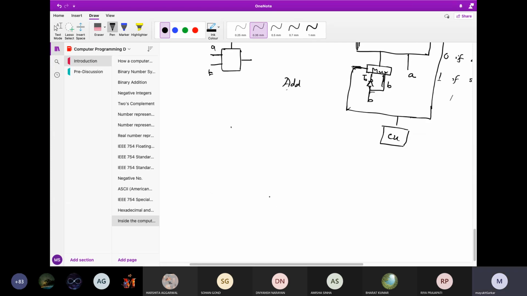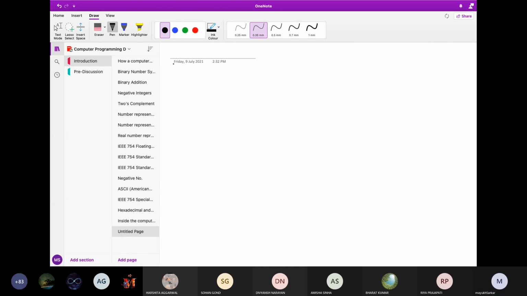Okay, so now let me discuss the next part, that is a bit still inside the computer.